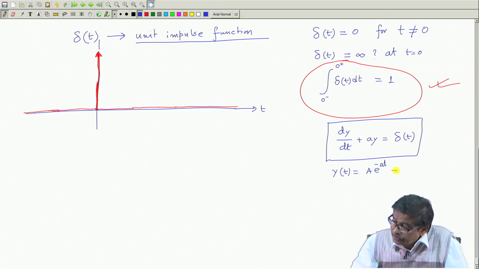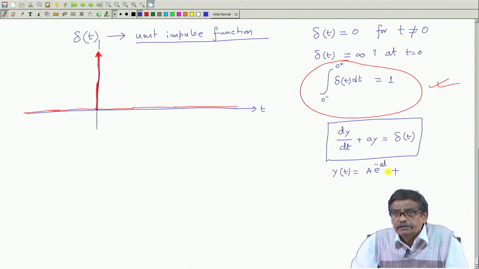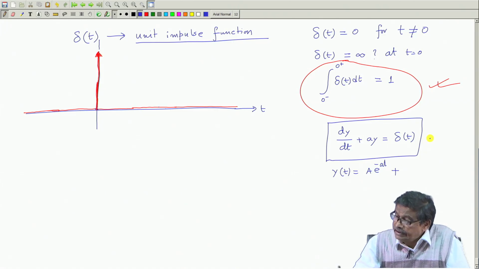But what about the solution due to the forcing function? I was earlier telling that if the right hand side is x t, then the solution will be a linear combination of x t and its higher order derivatives, up to infinity.